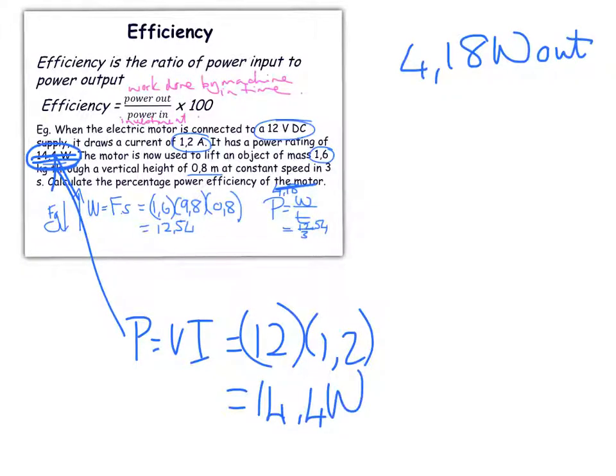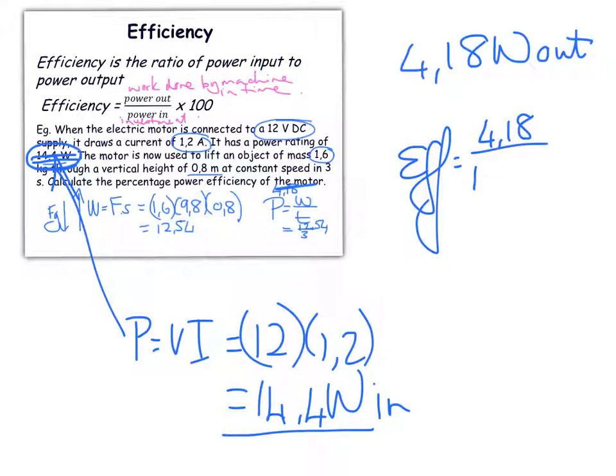So that is what I'm putting in, and I then go for efficiency is equal to what I got out divided by what I put in times 100, and I land up with 8,2%. That's a very inefficient device, I must say.